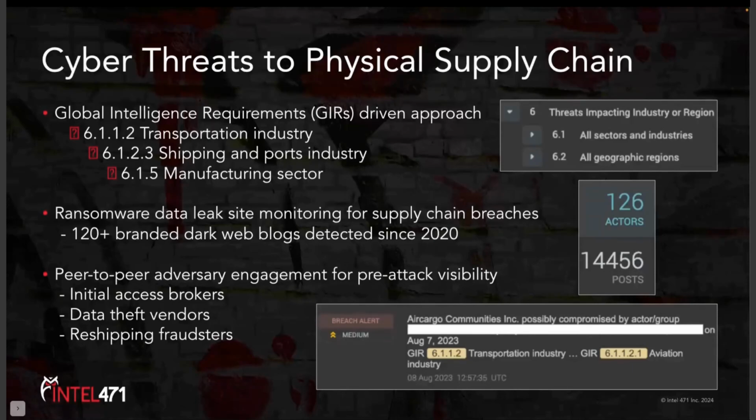This particular targeting was pretty interesting from last August, because when we did engage the actor, it revealed that there was quite a bit of associated and privileged data for a large number of different physical supply chain operators who were part of that air cargo community. So having the tools to track that type of information can be very handy to help mitigate any risks that could come from an incident like that.